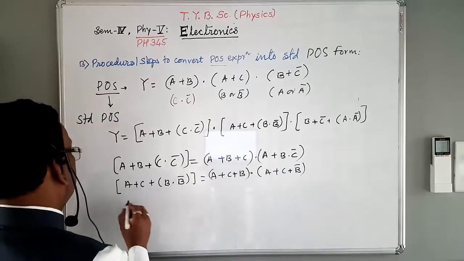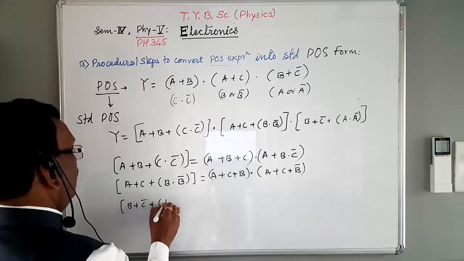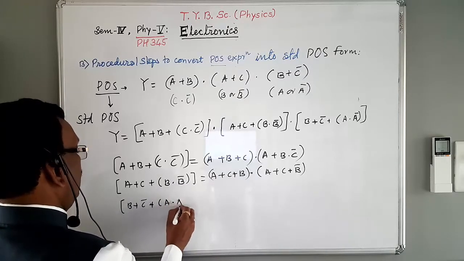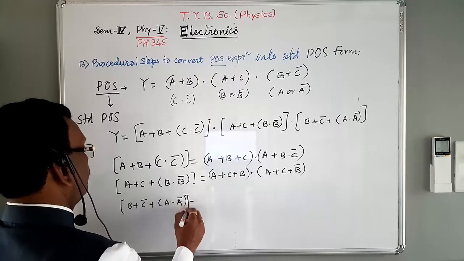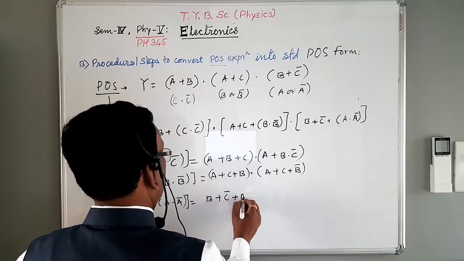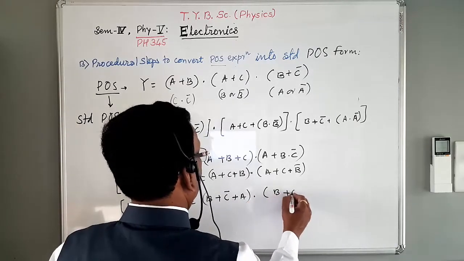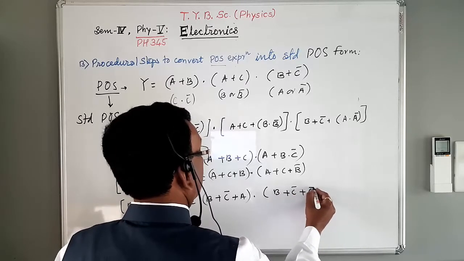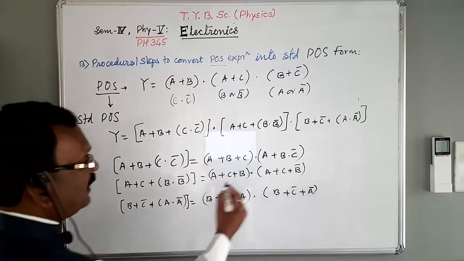Now the third term, B plus C bar plus A into A bar: simplifying, we get (B plus C bar plus A) into (B plus C bar plus A bar).